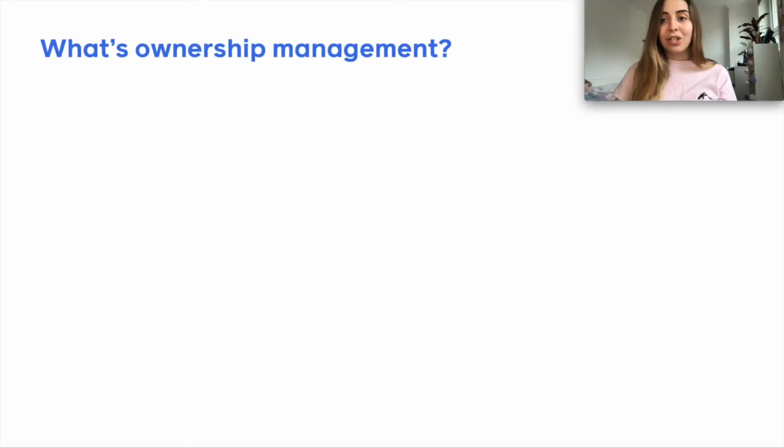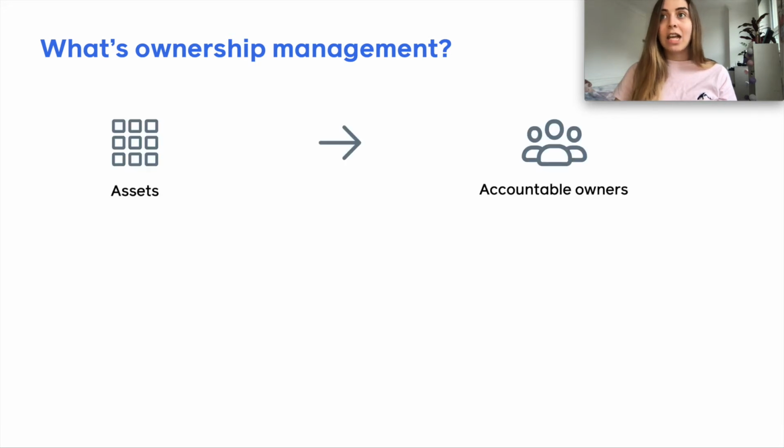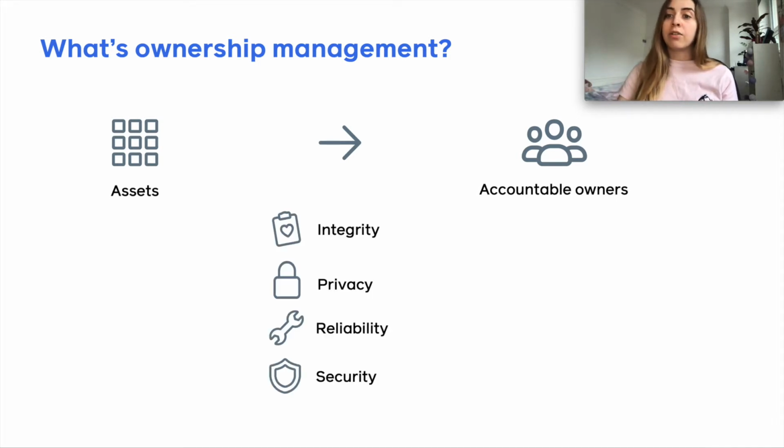Any organization owns a lot of assets. Ownership management is about finding accountable owners for these assets. This is very important as many pressing concerns such as integrity, privacy, reliability, and security depend on well-defined ownership, so that there is a clear responsibility when it comes to maintenance, code review, incident response, and so on.